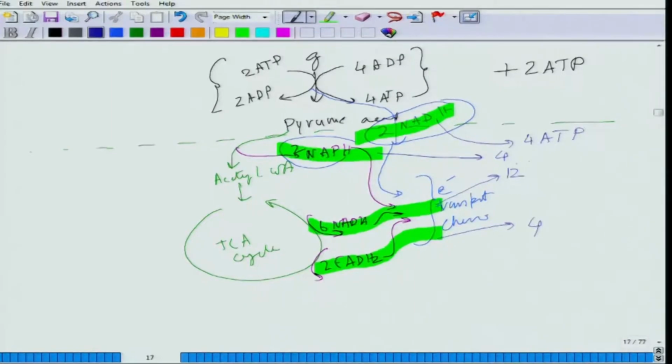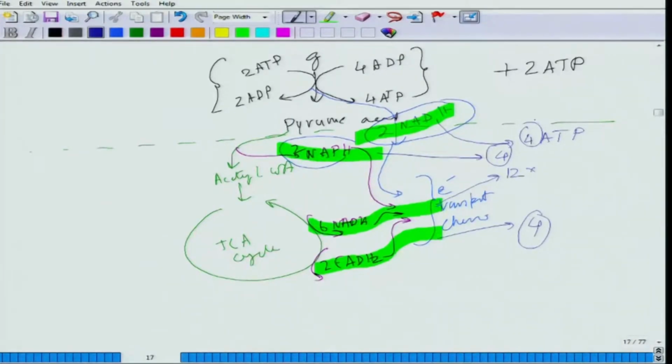So, if you add up 4, 12 plus 4 is 16, 4, 4, 8, 8, 4, 12, 24, then you are making 26. Okay. So, essentially what is happening is that you have 2 NADH, 6 NADH, 2 FADH2, and the 2 NADH and 6 NADH lead to the formation of, actually here multiplied by 2.